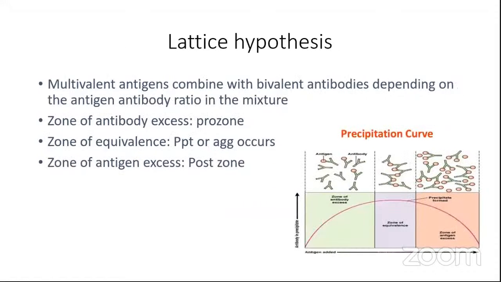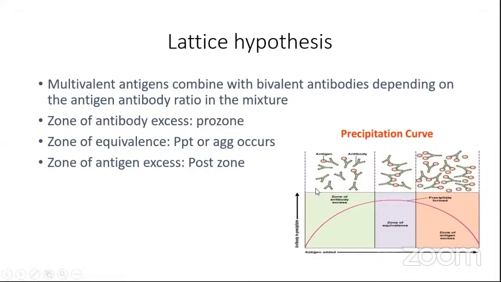When will this antigen antibody reaction be visualized by the naked eye in an observable manner, which is useful for diagnostic purposes? It does not happen anywhere. It is mainly based upon a hypothesis called the lattice hypothesis, where usually the antigens are multivalent, but they can bind only to the bivalent antibodies, because the antibodies have only two antigen binding sites.